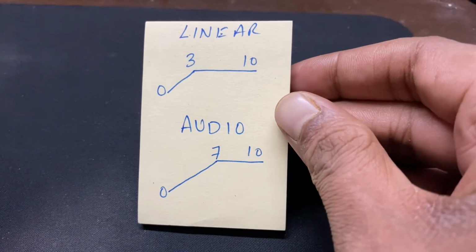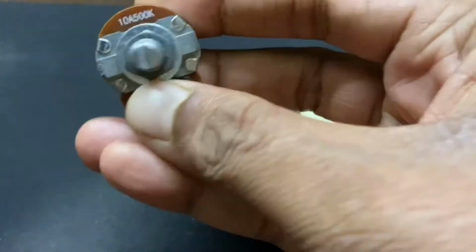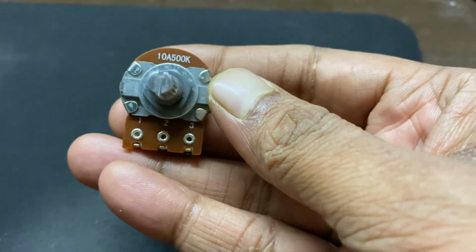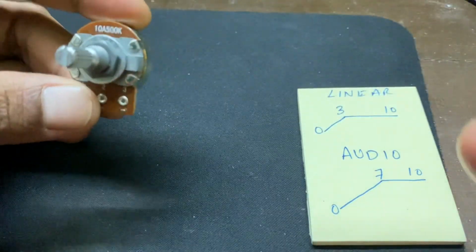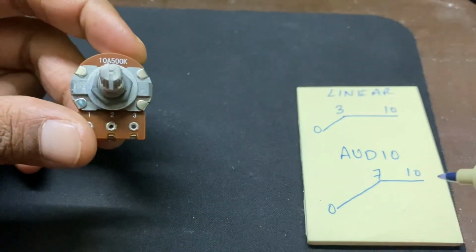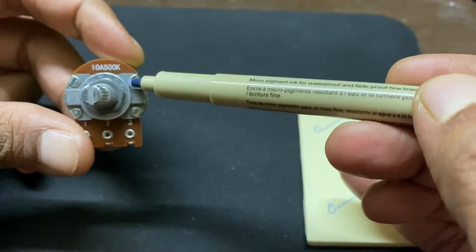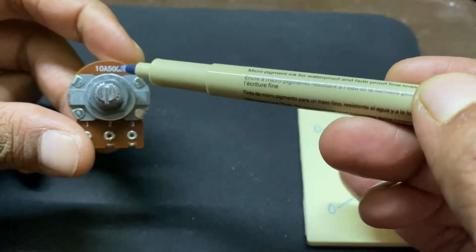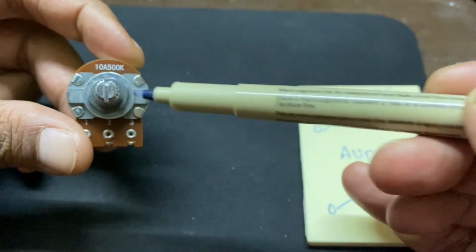Now I also want to quickly explain how to find out whether your potentiometer is logarithmic, audio, or linear. If you look at this designation over here, it says 10A 500K. 500K is the value of this potentiometer.